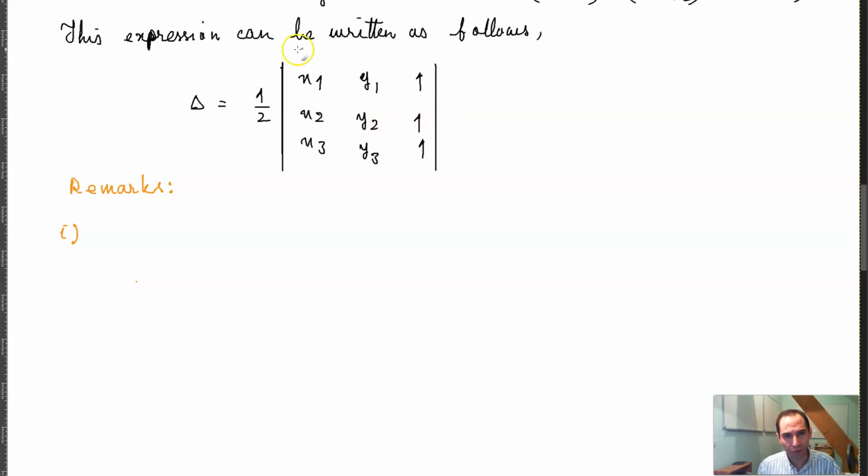So if this determinant gives you a negative value, you have to take the absolute value of it, because area cannot be a negative value. That you already know, hopefully. And number two, if area is given, use both positive and negative values of the determinant for calculation.